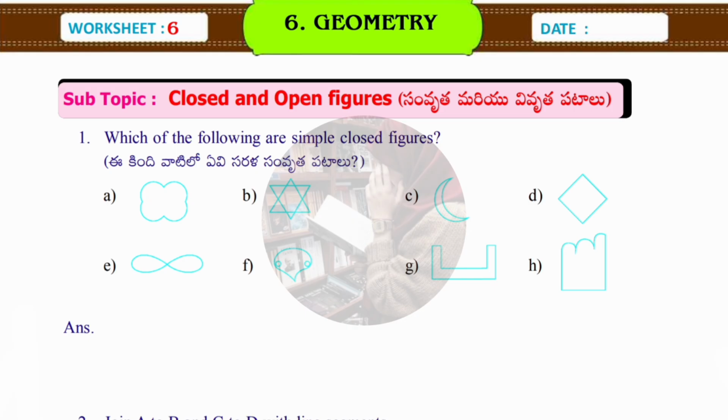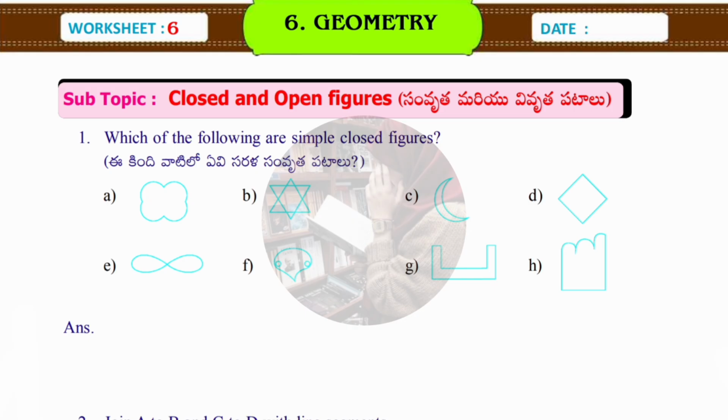So guys, I am telling you, a simple closed figure should be only one picture, means it starts from one point and it goes through and the ending point will be the same. Okay, but it should not overlap or cross over another picture. Neither should one picture get in touch with another picture.